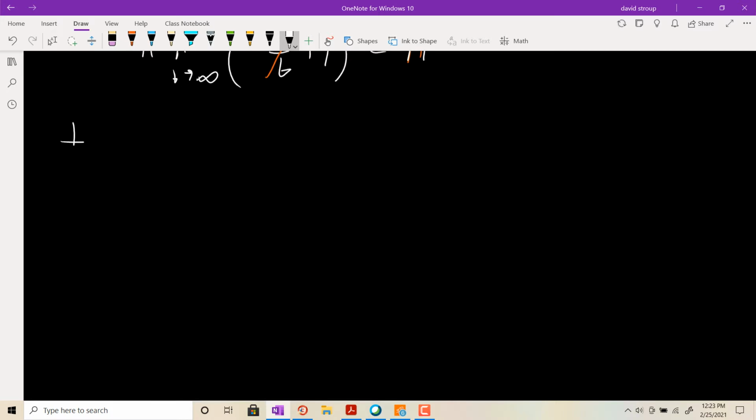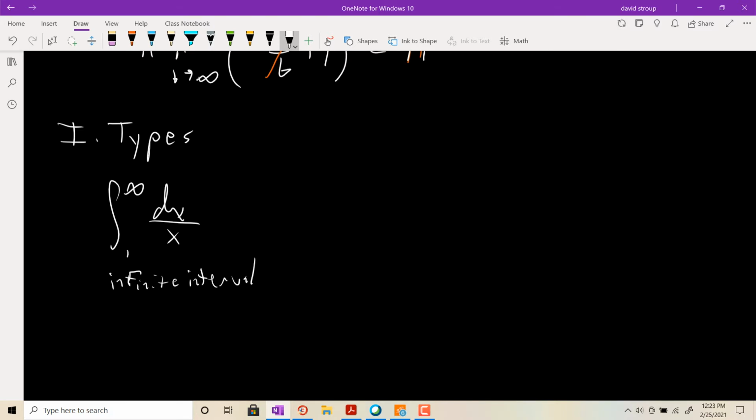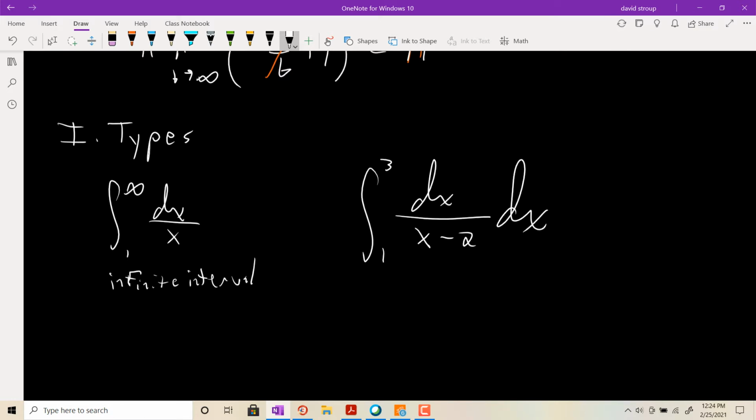There's two types of these improper integrals. The one type we just saw was what they call infinite interval. There's other types, though, which are called infinite discontinuities. So if you have something like the integral from 1 to 3 of dx over x minus 2, on this interval of numbers going from 1 to 3, because you can always think of an integral as finding area, right?